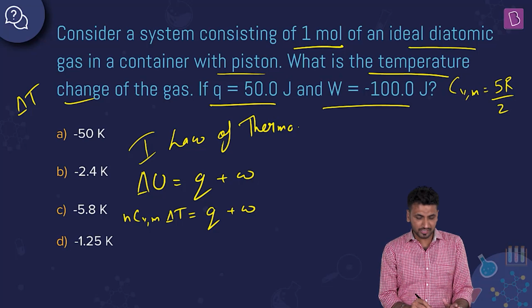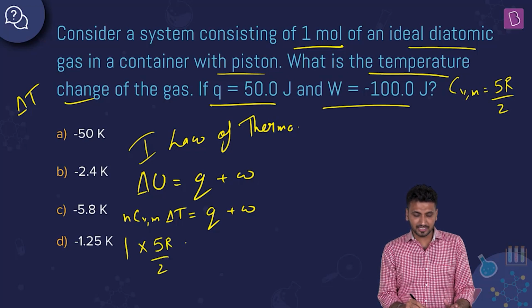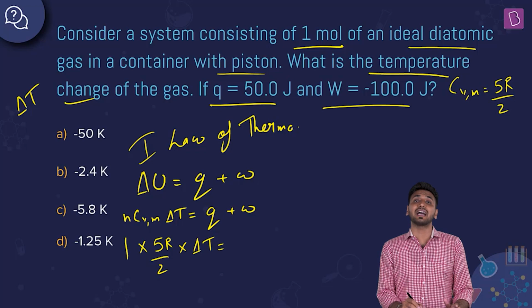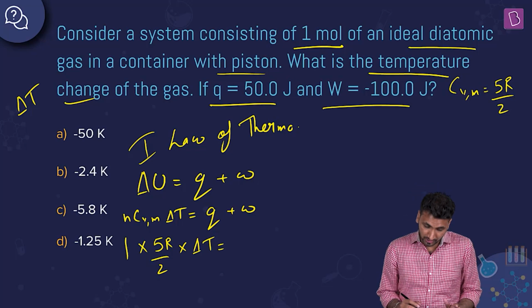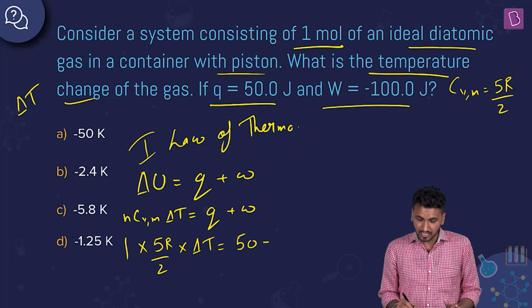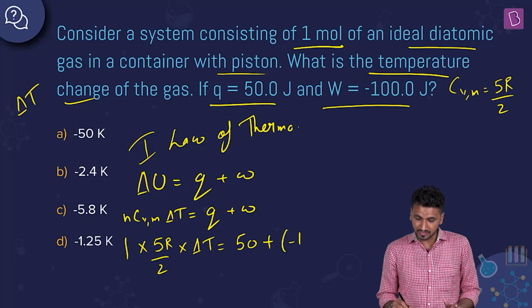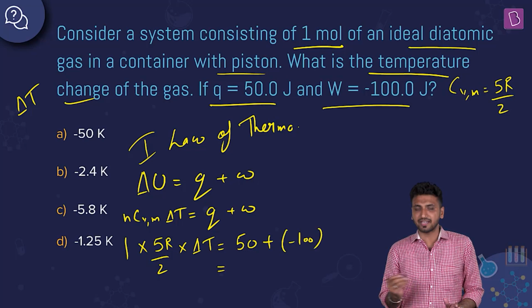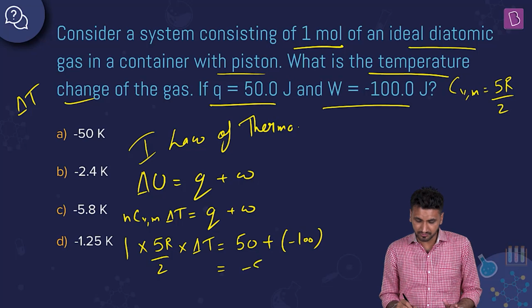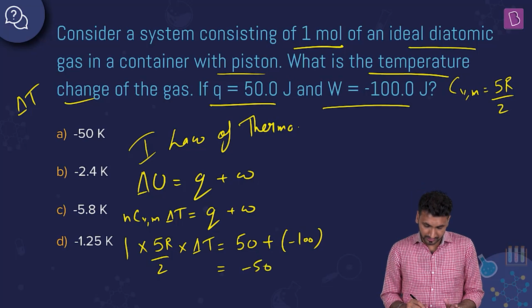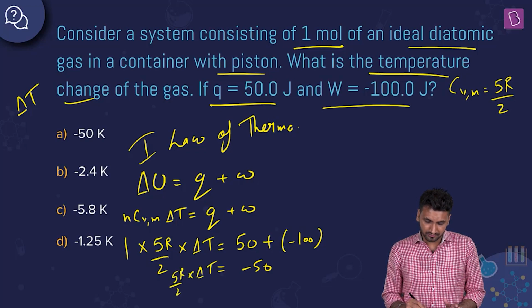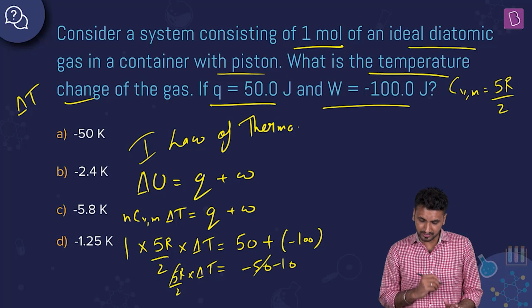The value of moles is 1, CVM is 5R by 2, and delta T is what we have to calculate. Heat change is 50 joule and work done is minus 100 joule, so 50 minus 100 is minus 50. So this is 5R by 2 into delta T equals minus 50.